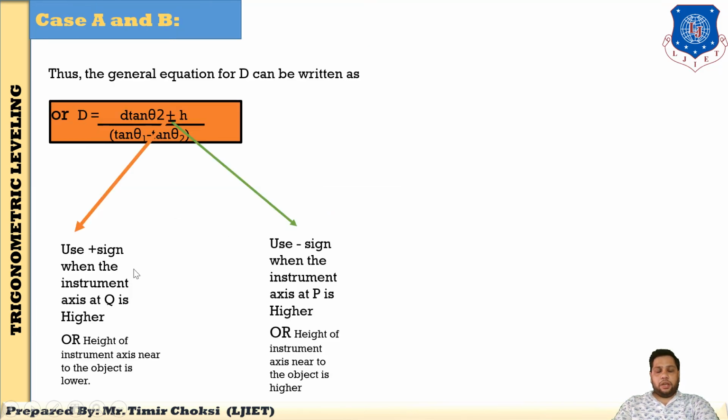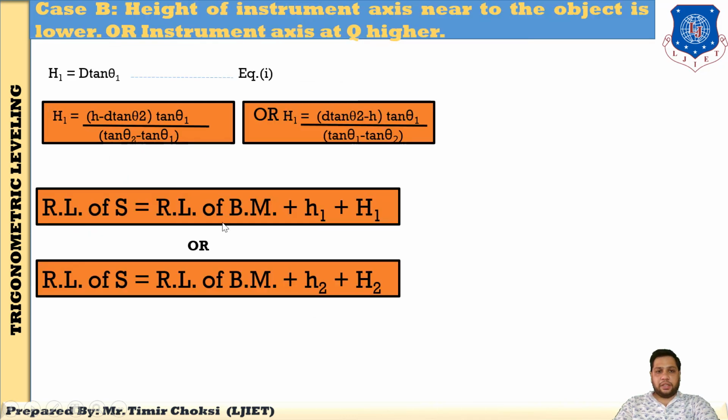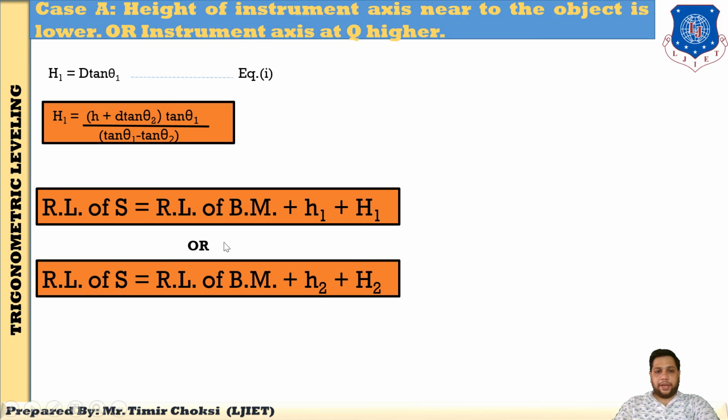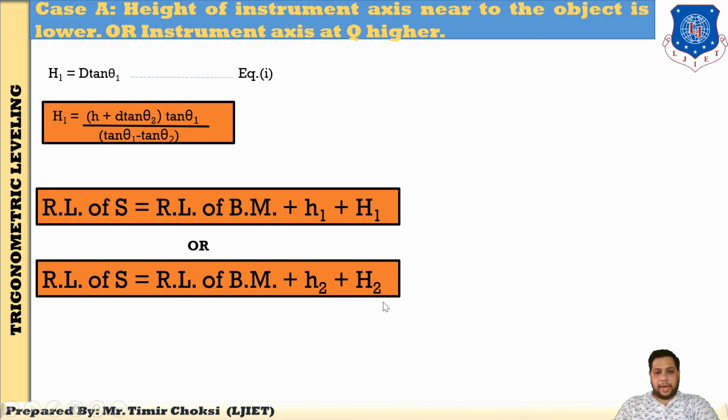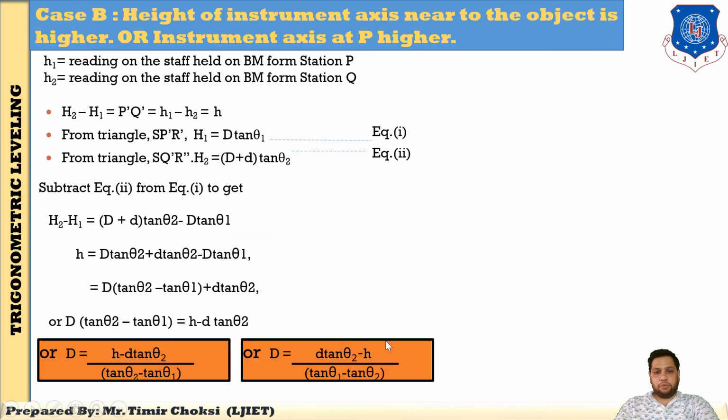Now remember this common equation I have taken. The general equation for D can be written as follows for both cases. In the first case, the answer for capital D is d tan theta 2 plus H divided by tan theta 1 minus tan theta 2. In case number 2, the answer is d tan theta 2 minus H divided by tan theta 1 minus tan theta 2.